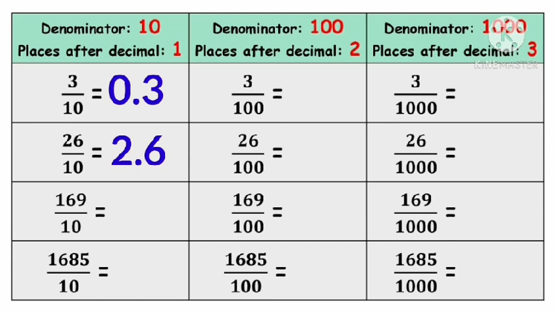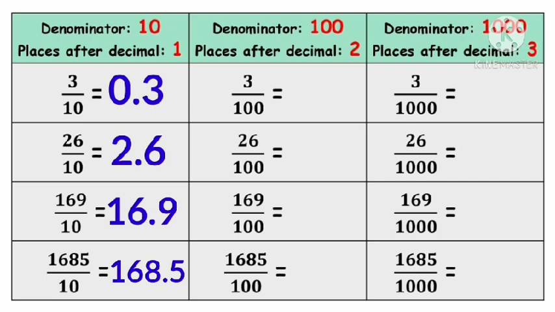169 by 10, which is represented as 16.9. 1685 by 10. It will be represented in decimal form as 168.5. Now let us see the second column.